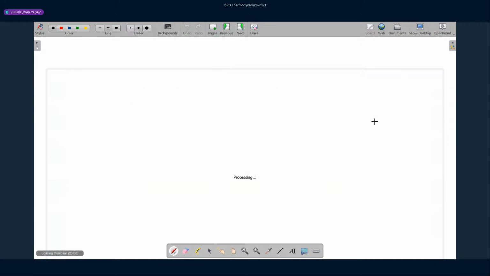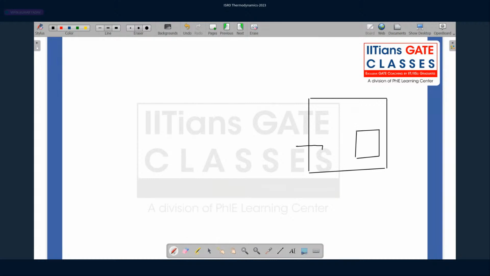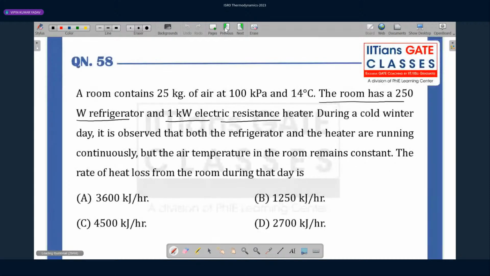So basically, it is saying that you have a room, and you have a refrigerator and a heater. The refrigerator is continuously consuming, or is it rejecting?